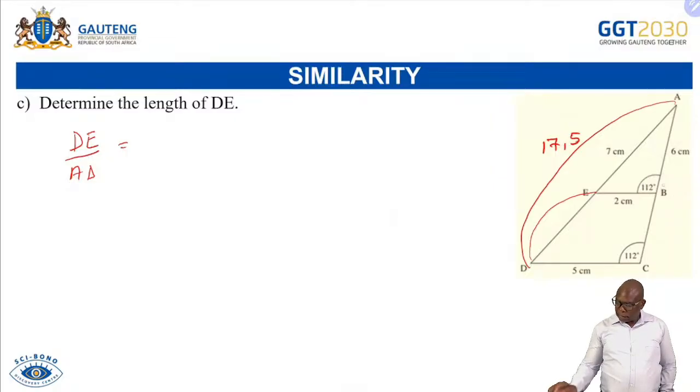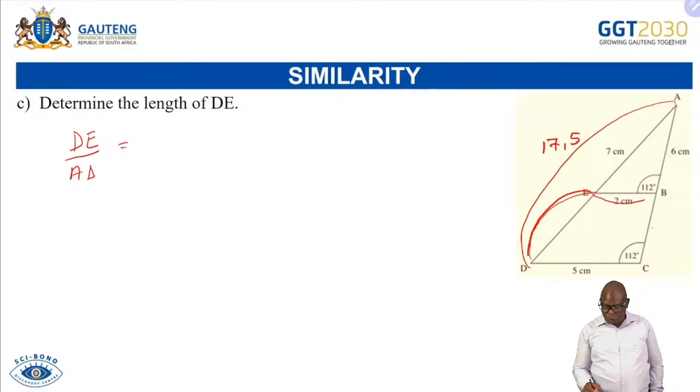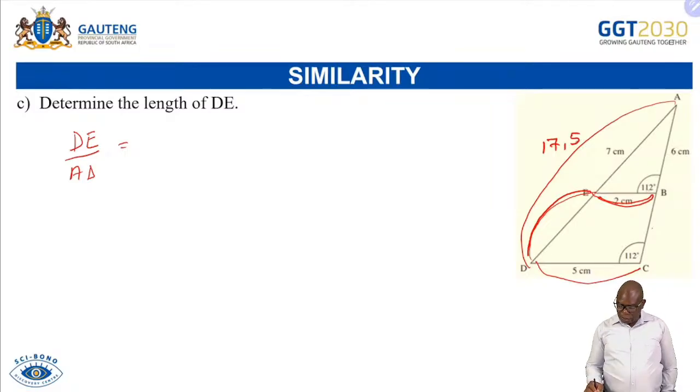So in this case, for me to get the length of AD, let me just quickly check. We've got DE, the whole length there we have. This length there we do not have. So I can also use this length here and that length there. I can say DE over this length will be the same as this length over that length.